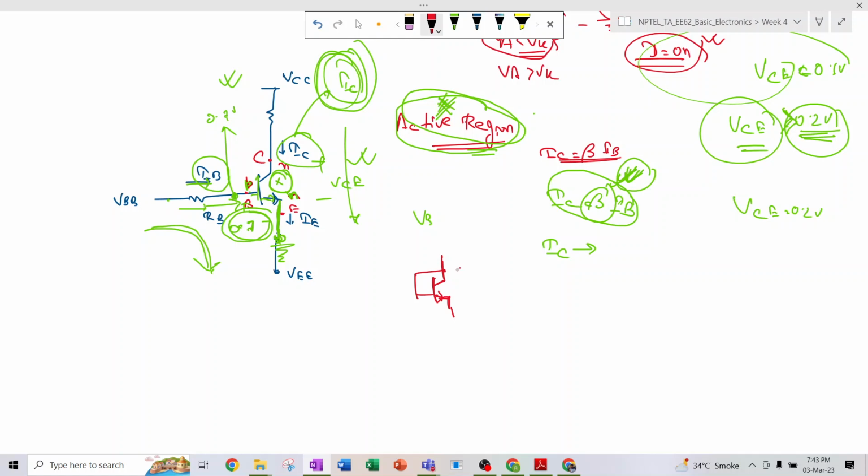So there is no bias right here. The base-collector voltage difference is 0, right?